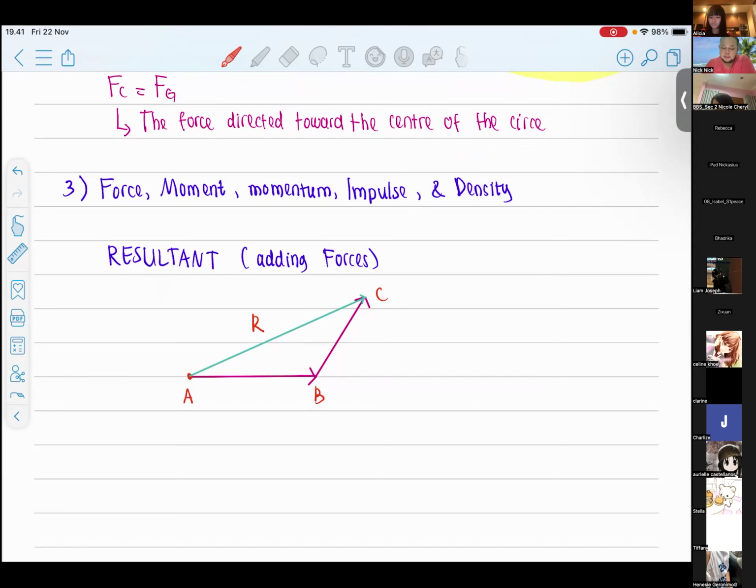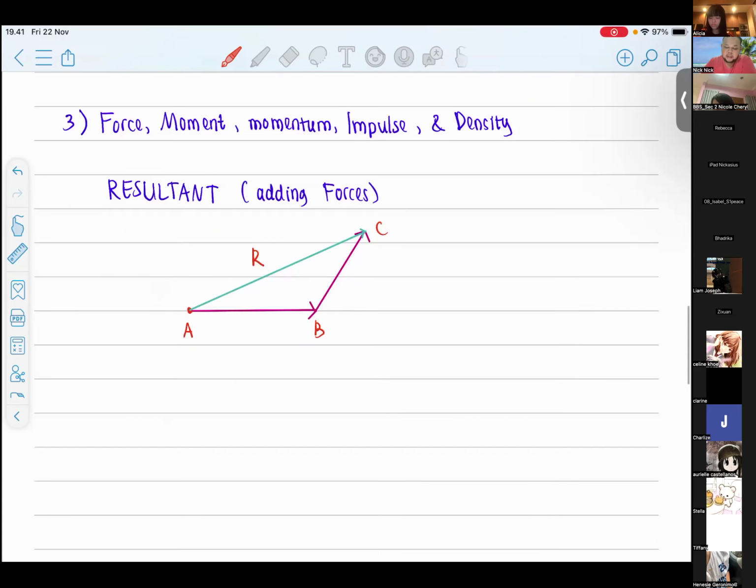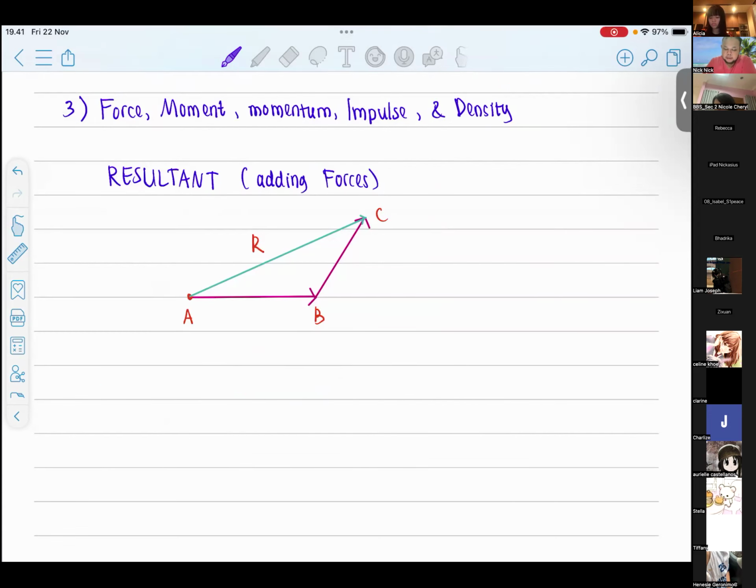For a right angle, you can implement trigonometry. For example, this is 8 newtons, and going up is 6 newtons.